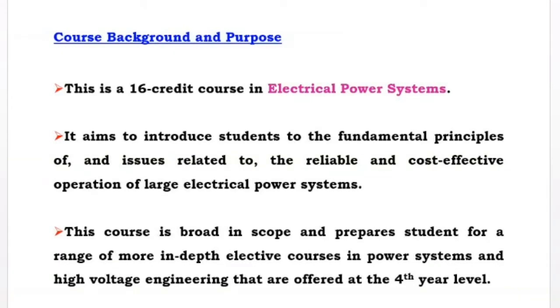Now, this second bullet point is talking about the aims of this module. We aim to introduce the fundamental principles that are related to large electrical power systems. From first year, second year, you have worked with some electrical systems, maybe some electronic systems as well in various modules and in practicals, but this power systems module is mainly related to very large power systems.